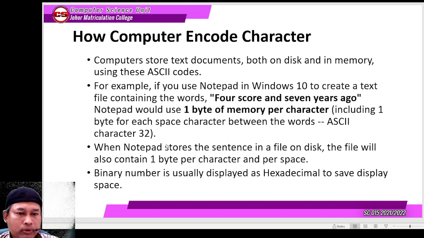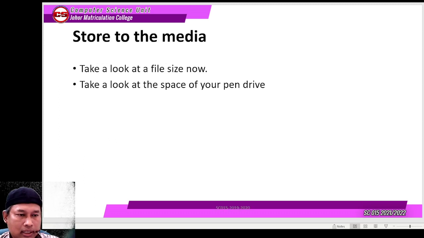So the total is 32 characters. ASCII uses 8 bits, so the 32 characters must be multiplied by 8 to represent the characters.